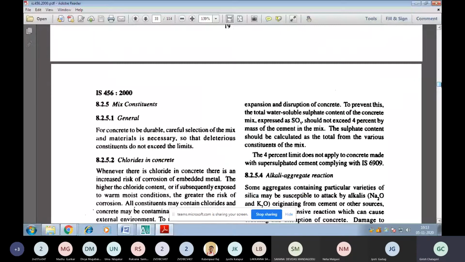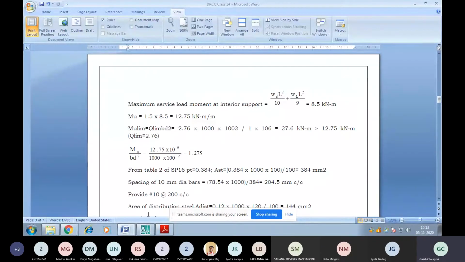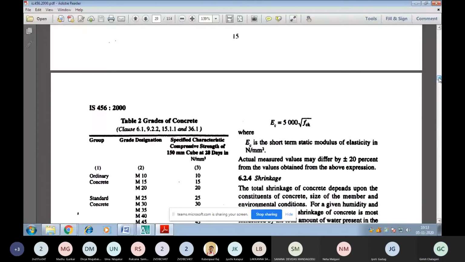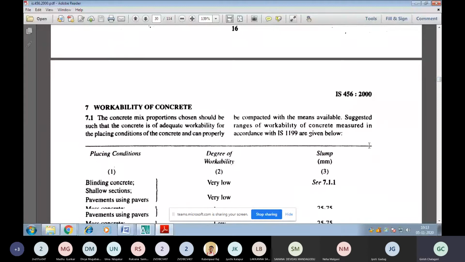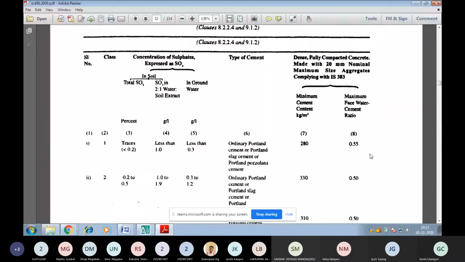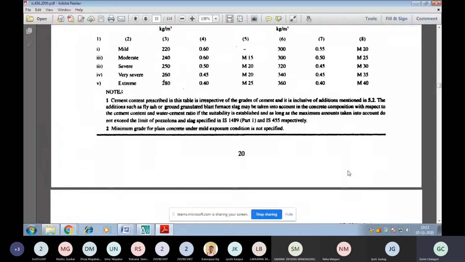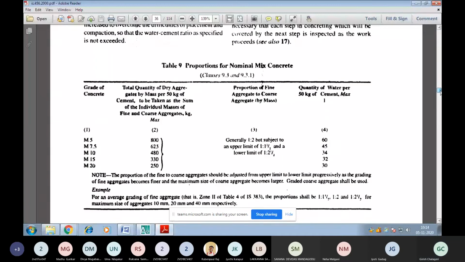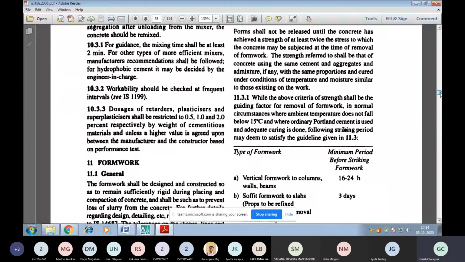One minute. Let us know which table they have taken here. They have not mentioned the table. Let us find it somewhere. Table number 2, grade of concrete. Table number 5, table number 6, table number 9, table number 10.